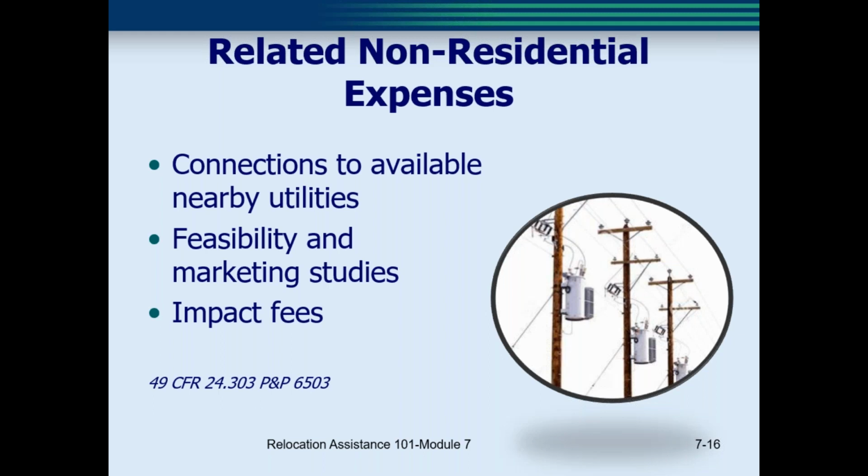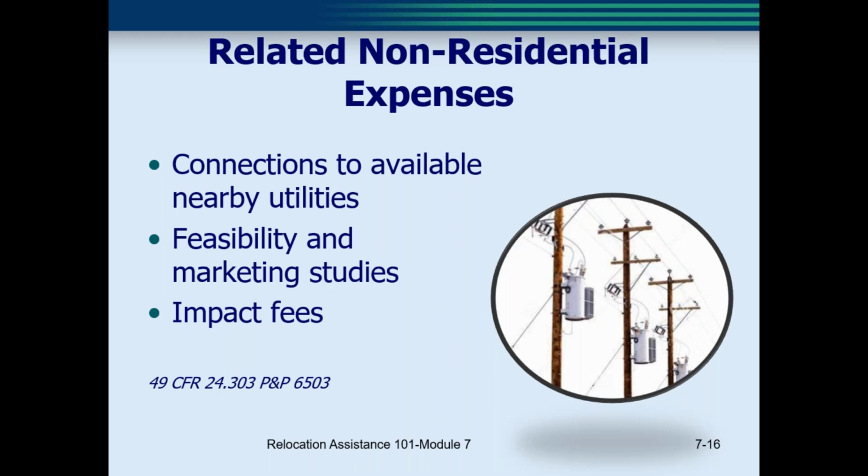But in February of 2005, these three items are now considered reimbursable under actual, reasonable, and necessary. So they're not included in that $25,000. This has provided additional payments to the displaced businesses, and it's freed up some funds under the reestablishment category.